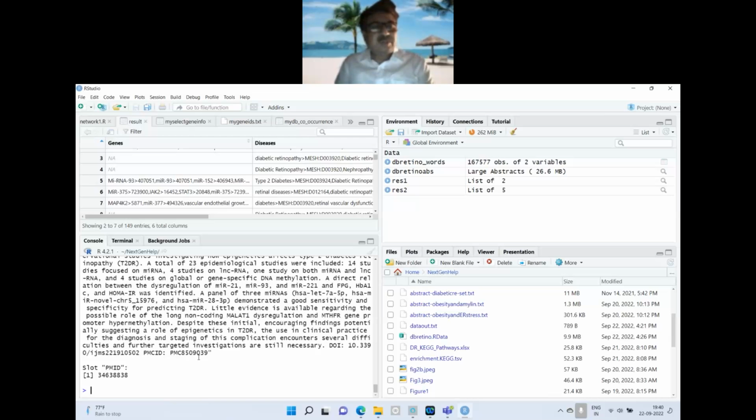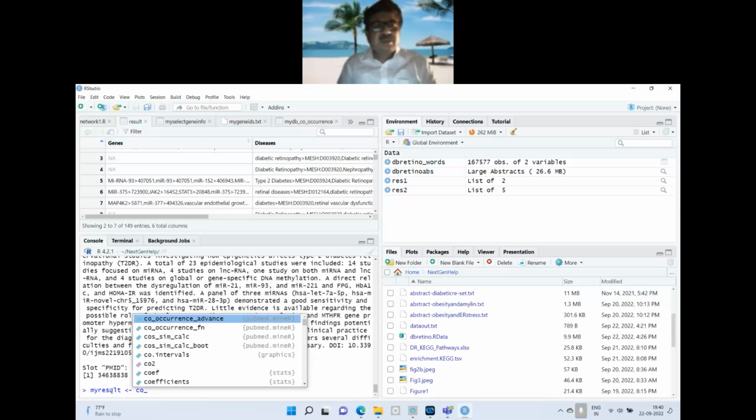So for that, what we do is we simply say my result or something like that, and use this function co-occurrence advance.